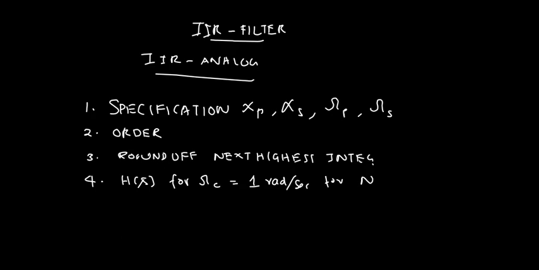Then you calculate the actual cutoff frequency, omega c. In the original transfer function, which we created using omega c equal to 1, wherever s is there, you have to replace s by s by omega c.